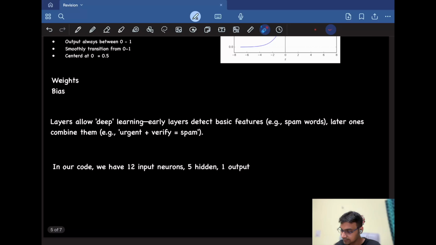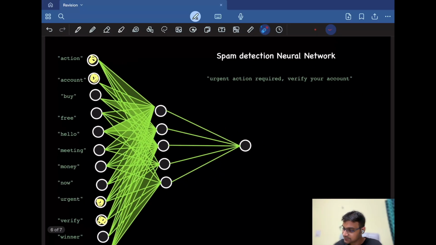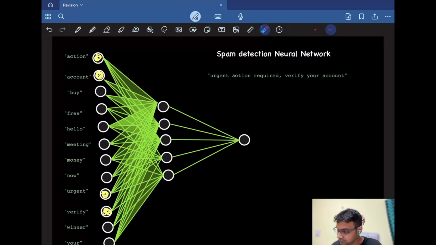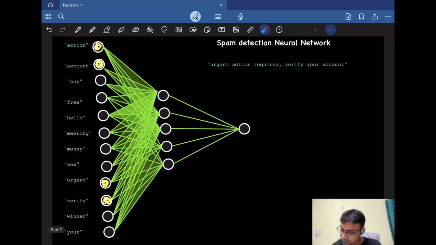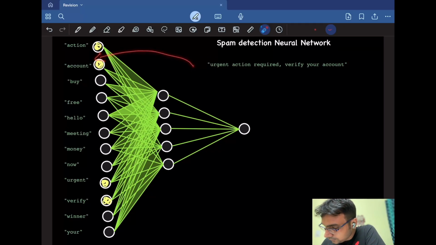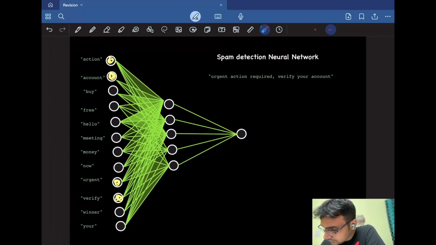If we see in our code, for the spam detection, it will have 12 input neurons because we have taken a vocabulary of 12 words only. This is a small example, but ideally it can have thousands of words. For simplicity, we have taken 12 words. To feed the input, say this is the sentence, we will vectorize this sentence based on the vocabulary.